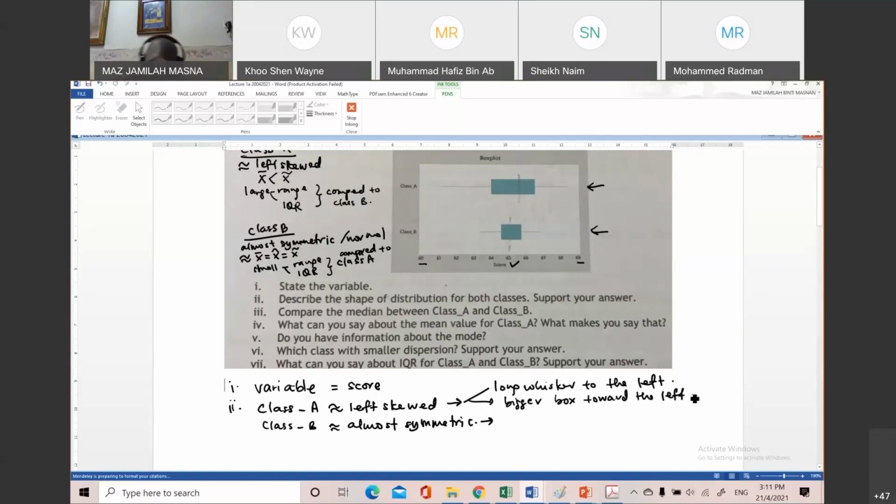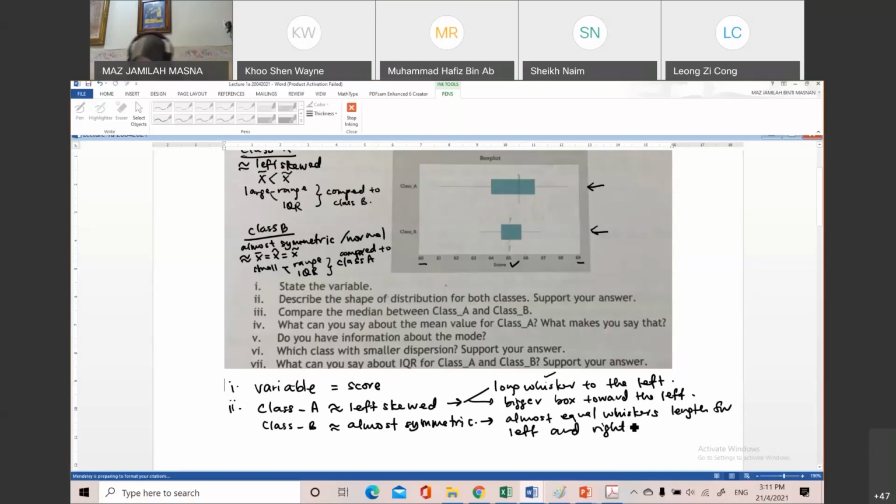Okay. What about symmetric? B, symmetric? You can also say something using the whiskers. Almost the same whisker and box, almost equal whiskers length for left and right.